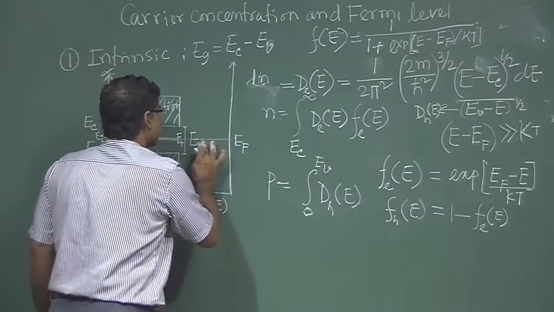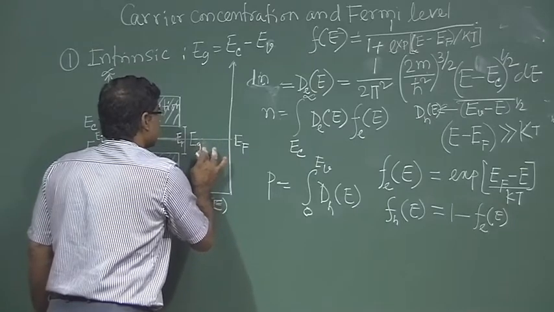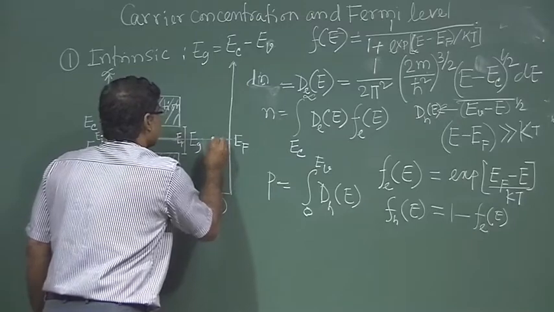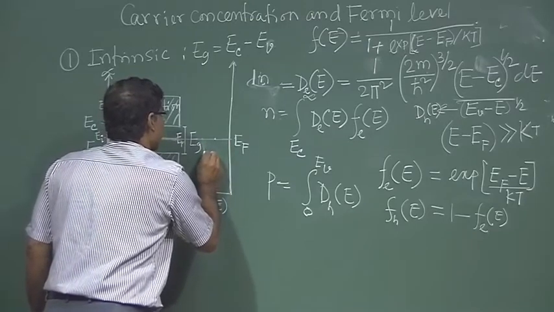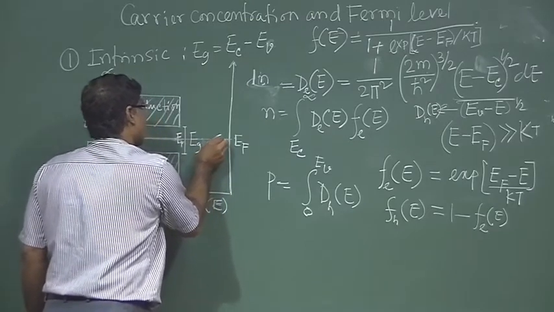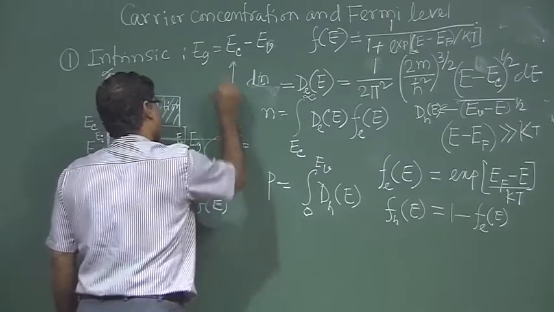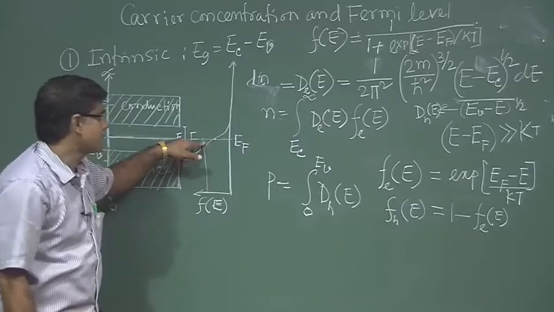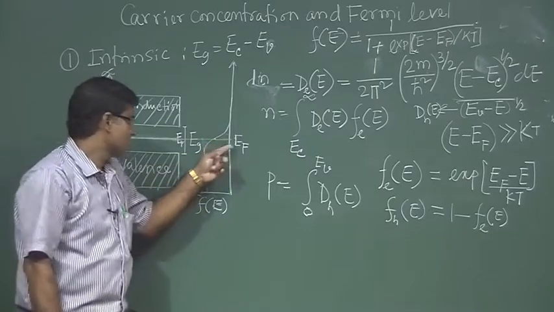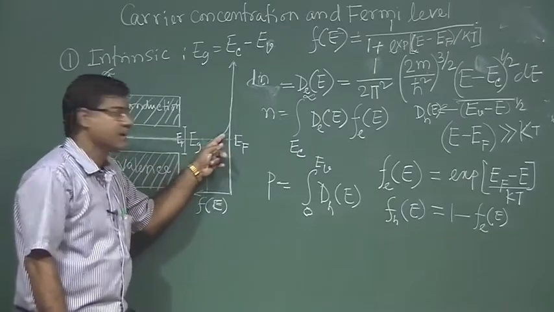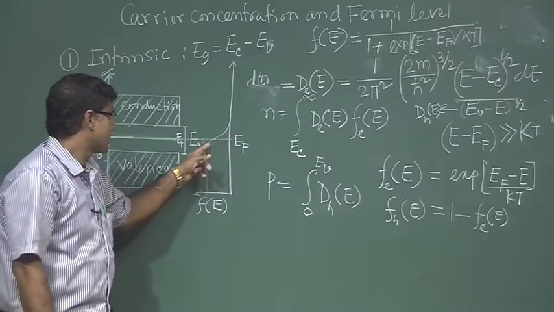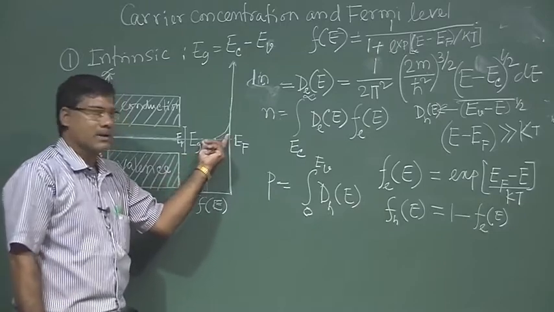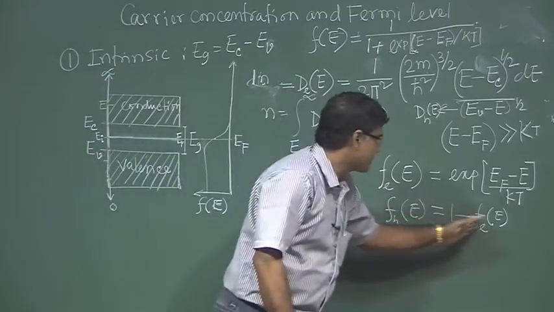When temperature is not T equal to 0, then what happens? Okay. So, from here whatever electron, it goes above Fermi level. So, its probability decreases, its probability increases. So, that is why whatever probability decreases is increases here. So, total probability will be 1. So, that is why it is 1 minus Fe.